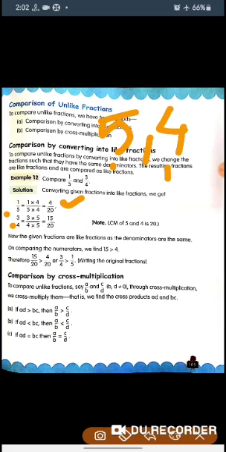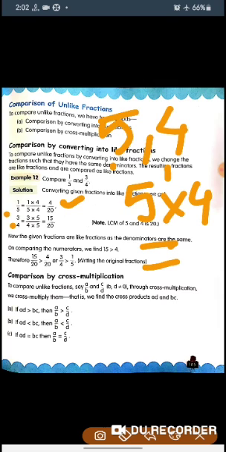Like I have said earlier, they don't have common factors, so we can multiply both numbers, and by multiplying we get 20 as their LCM, lowest common multiple. So we have to convert the denominators into 20.